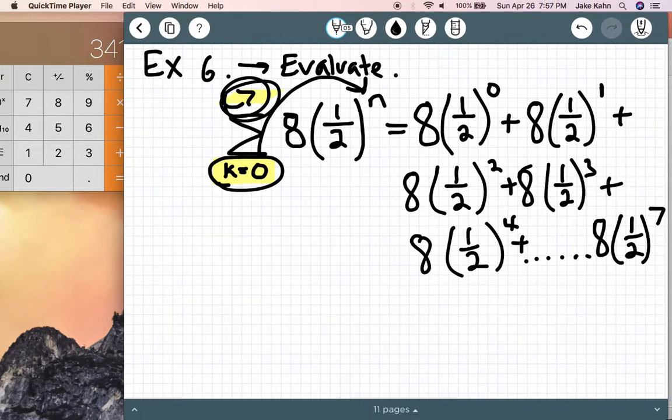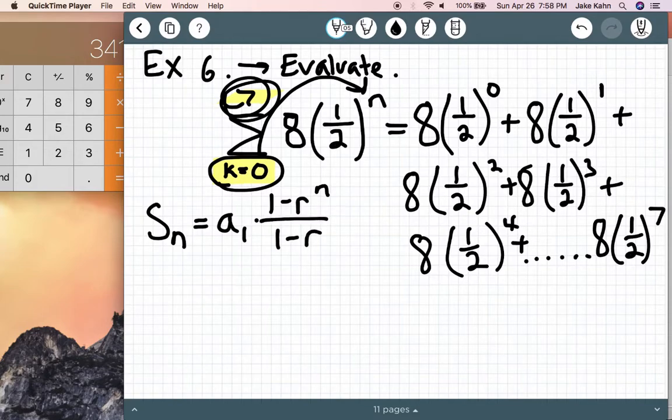Remember that summations, when they're written in sigma notation, summation notation, it's just the same thing as a series.